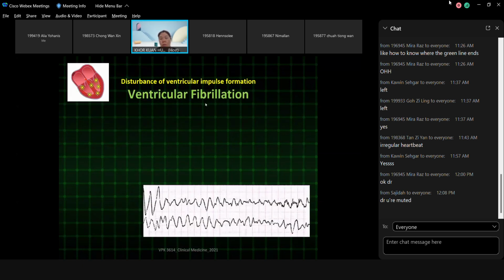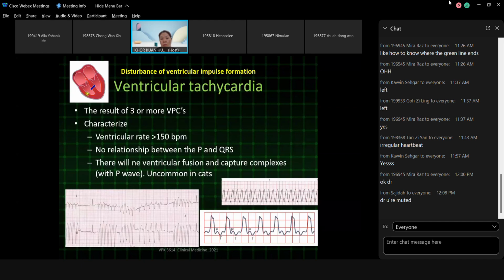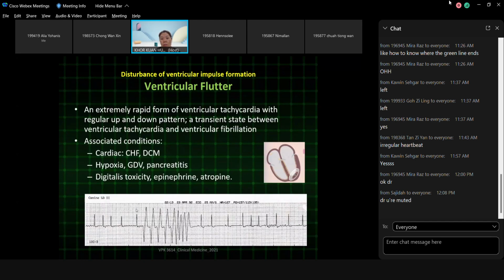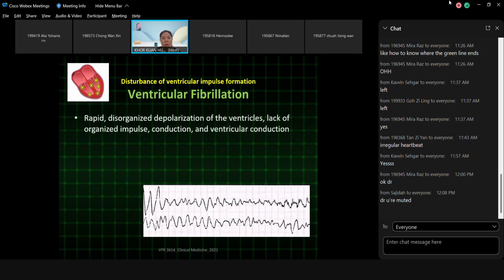Ventricular fibrillation. Just now was just flutter, and before that was just tachycardia. All right. If it is flutter, they look like this. Crocodile teeth. Okay. So rapid, disorganized depolarization of the ventricle, lack of organized impulse, there's no conduction, the ventricular conduction is not even working properly, you don't have your PQRST, the ventricle just keeps firing, that's why you keep on having these impulses.